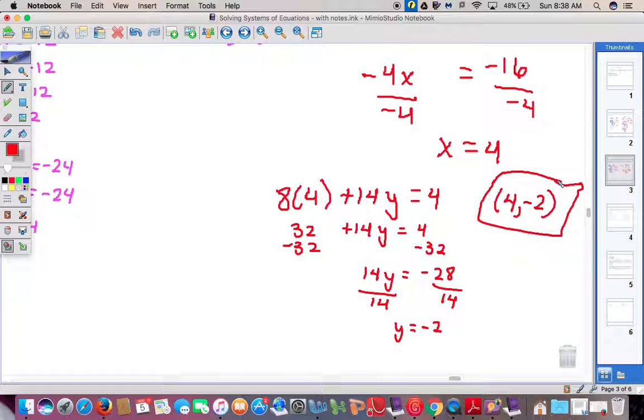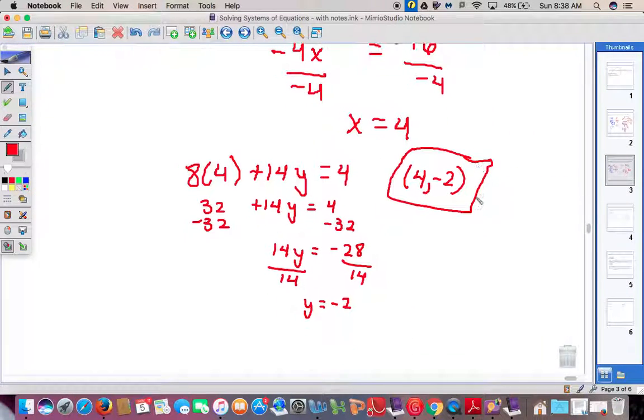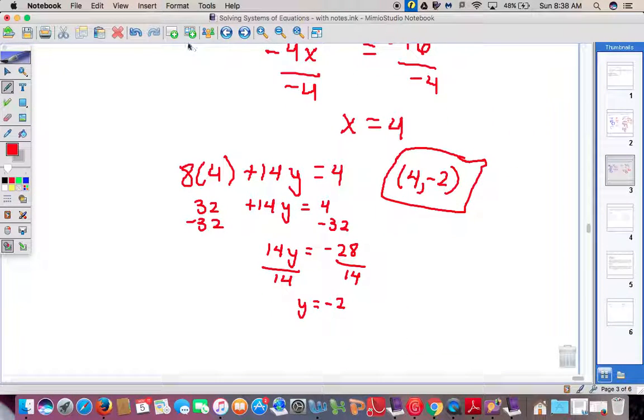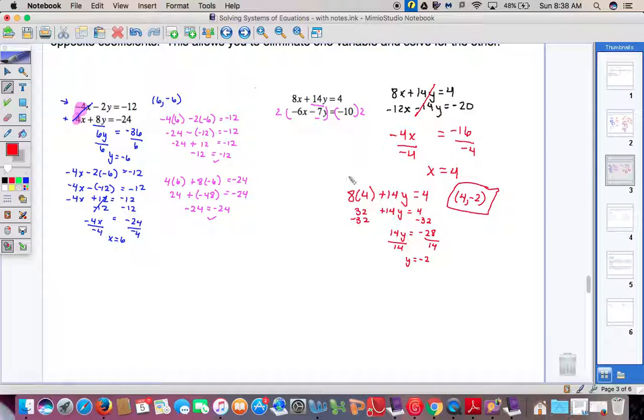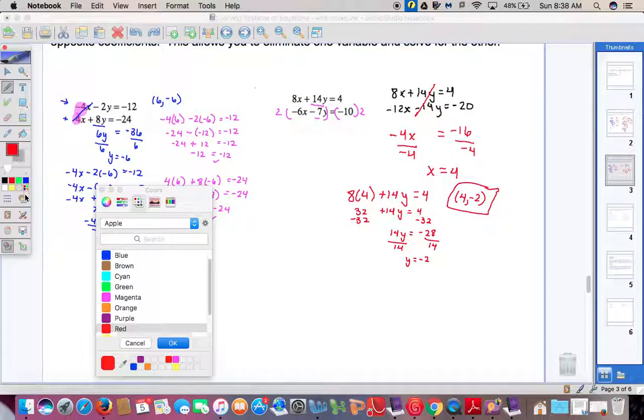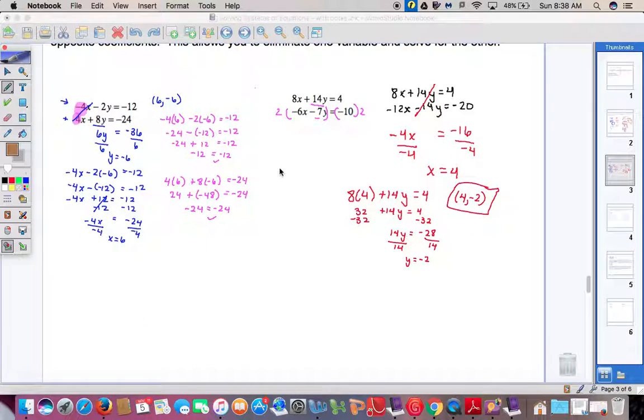Okay, but let's verify it by checking. Again, I'm going to use my original equations. Let's use the first equation.